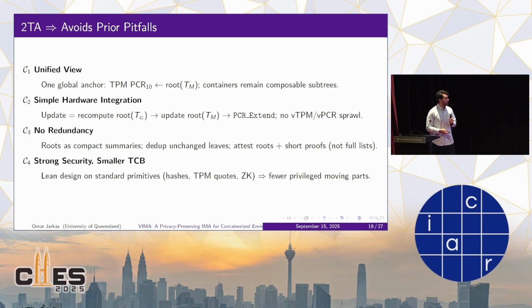We were also able to bypass all of the pitfalls of the other approaches, because the two-tree architecture allowed us to still have a unified view of the Merkle tree and the individual containers. Hardware integration is simple: since everything is encapsulated in one Merkle root, we can add it into the TPM using the extend operation with no redundancies.